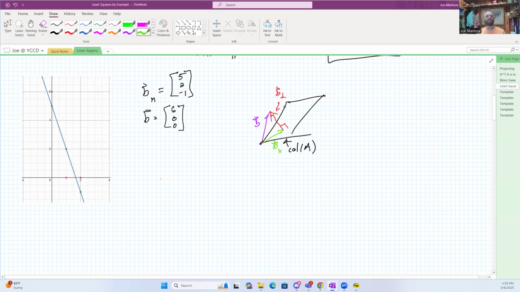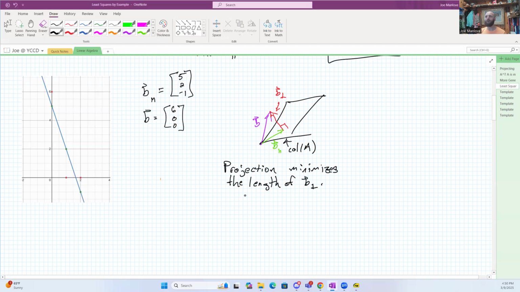So what's the least squares part here? Well, I made this green bit as close as possible in the column space to the B bit. In other words, I projected, and projection minimizes the length of B perpendicular.